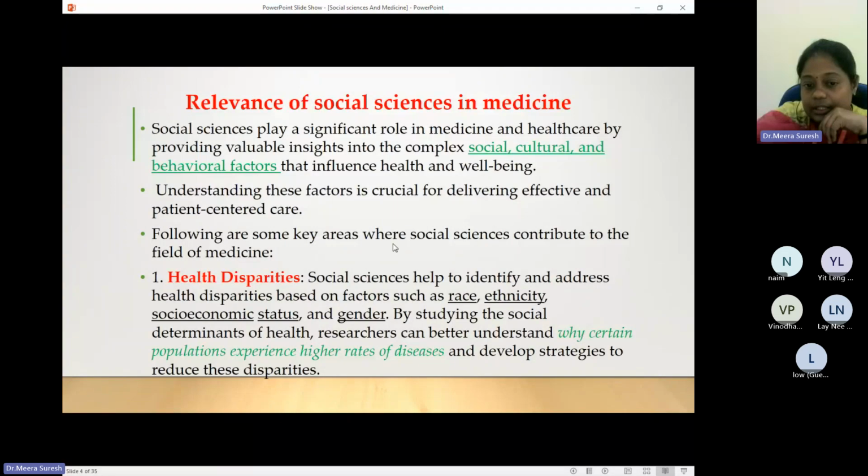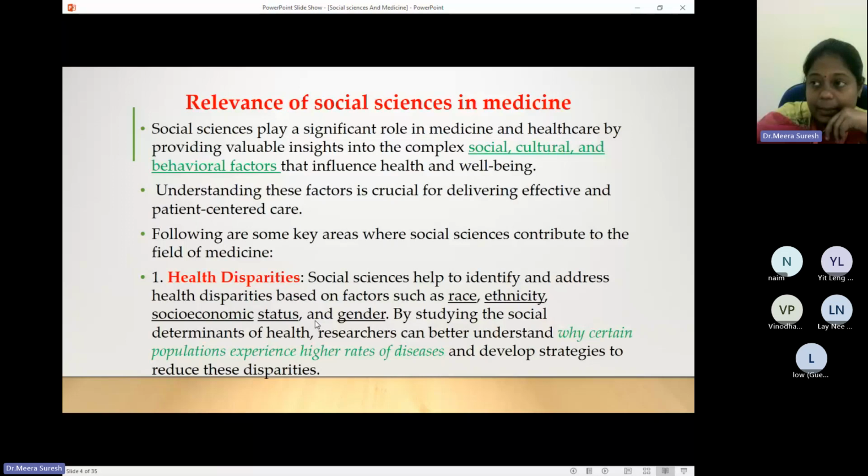It is important because it helps us know the health disparities, because there are factors like race, ethnicity, socioeconomic status, gender, etc., which can increase or decrease the frequency or intensity of diseases in certain populations. It is not that every population, every gender, every age group has the same risk of disease uniformly.